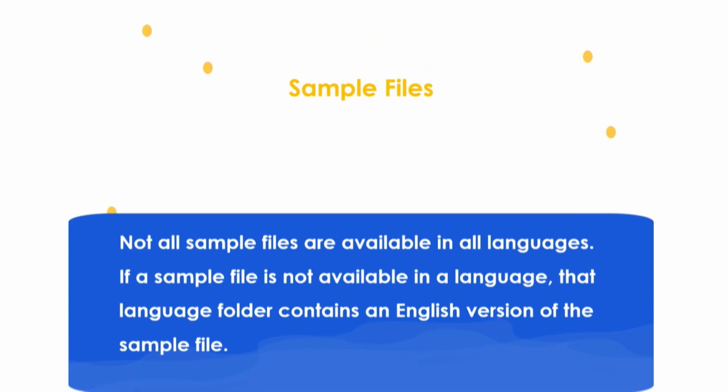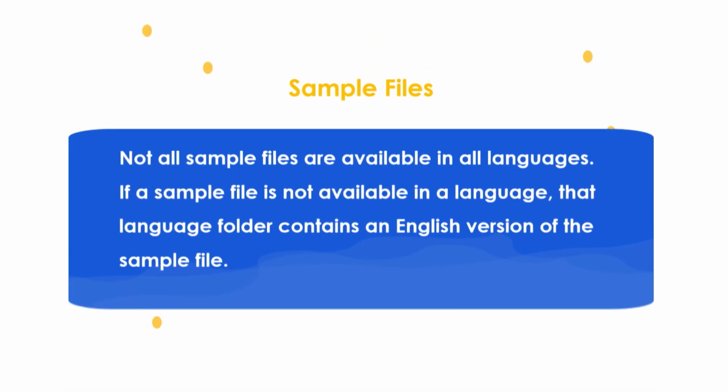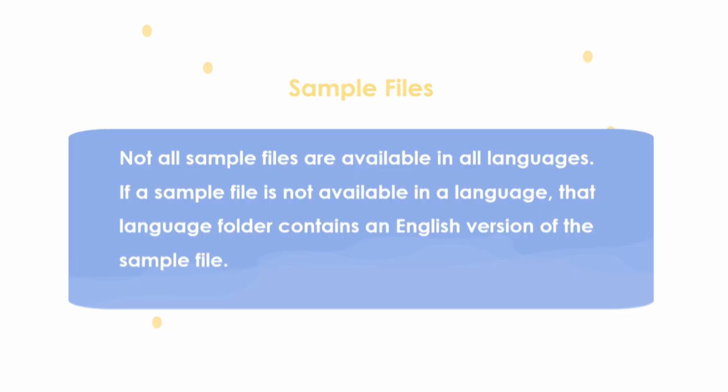Not all the sample files are available in all languages. If a sample file is not available in a particular language, that language folder contains an English version of the sample file.